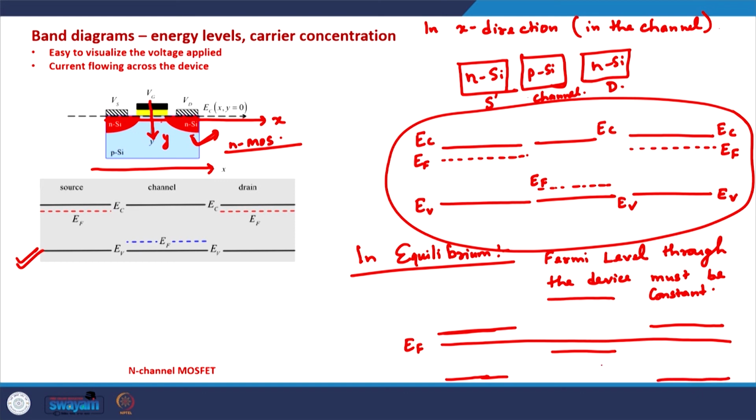And at the junctions, these edges must be joined with each other. Okay, so this is EC, this is EV, and this is the Fermi level that is constant throughout the device. So, this is the equilibrium band diagram.